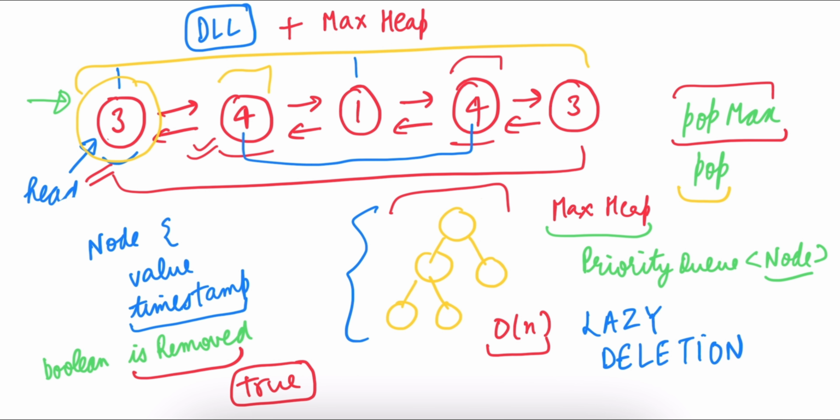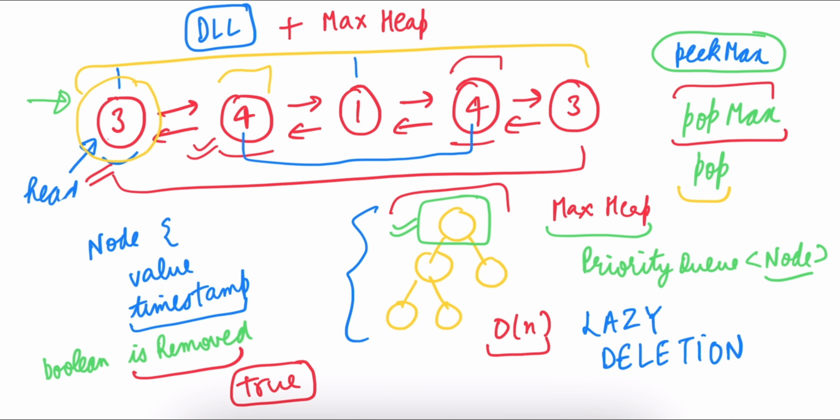This lazy deletion is used in some real world problems. If we are using lazy deletions, then we need to be careful about some things in our popMax and peekMax functions. When we are implementing our peekMax function, it is not guaranteed that the node at the top of the heap is the real maximum value, because when we removed this node 3 from our DLL, we did not remove it from our max heap. So we are going to check if this node has been marked as removed or not.